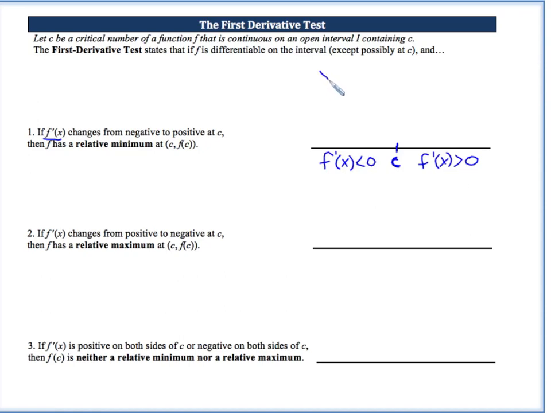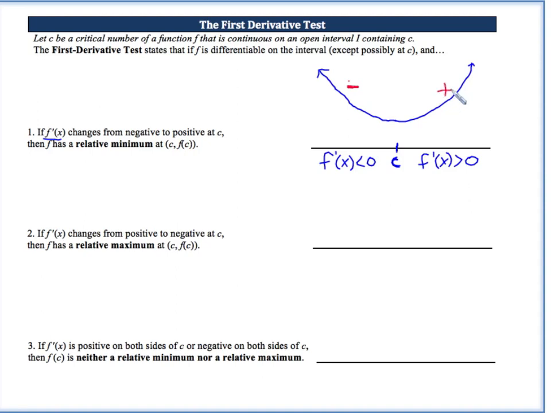So we know this function is decreasing until we get to c, where it's 0, and then we would know it's increasing afterwards. Okay, so f prime of x less than 0 means this is negative and decreasing.